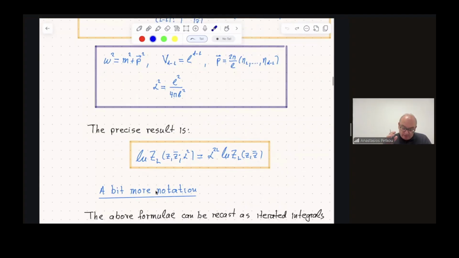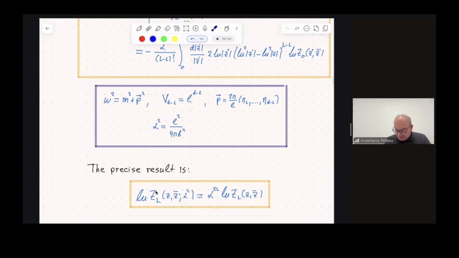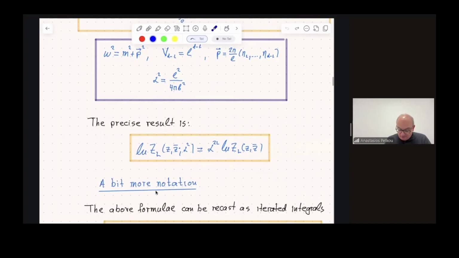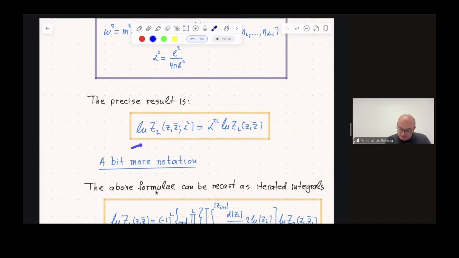And the result is, if I do this simple integral, well, it's maybe not so simple, but it's also not complicated. This integral is exactly the partition function, the free energy of the massive free fields that I have done. And then I'm using Z and Z bar again, the same as before.